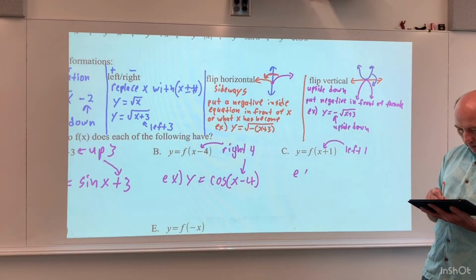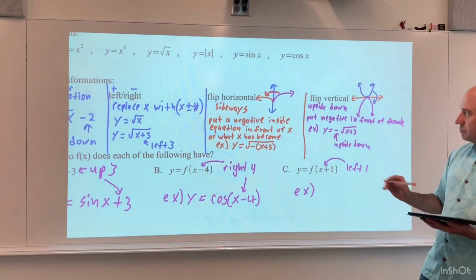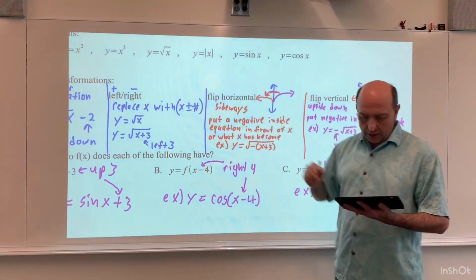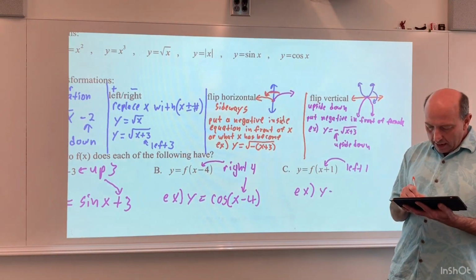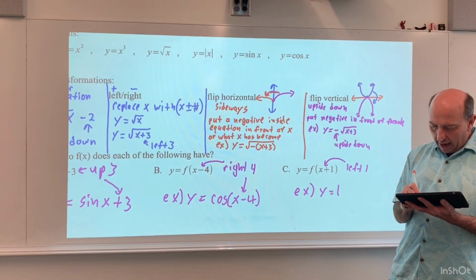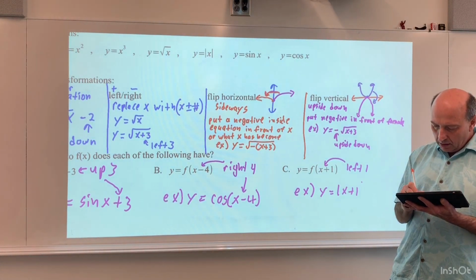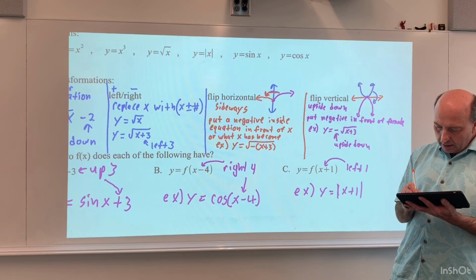For example, if you pick a random formula, like y equals the absolute value of x plus 1, just moved it, it's a little sloppy, left 1.